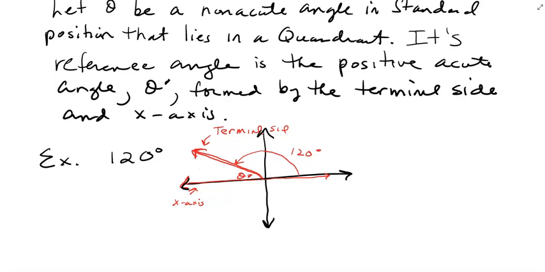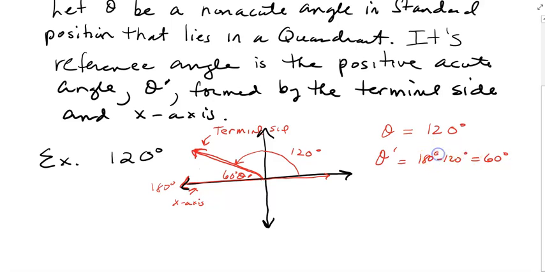If theta is 120 degrees, and we know the straight line is 180 degrees, we have to do 180 minus 120, and we can determine that this is a 60-degree angle. That only occurs because this angle happens to fall in quadrant 2.